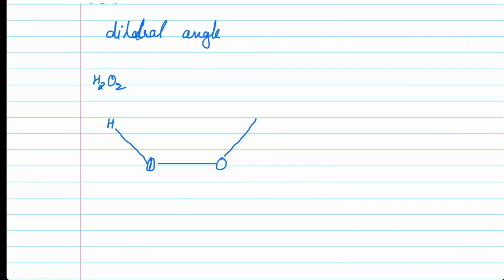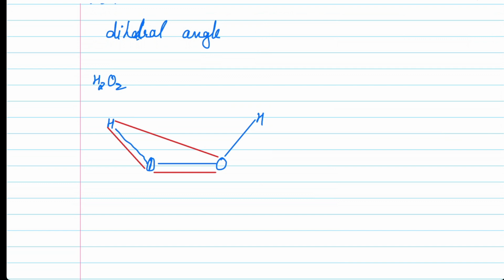Now, hydrogen peroxide actually doesn't exist mainly in this structure, but let's say we have one of the structures of hydrogen peroxide to be this. If we take the molecular plane, we can consider this hydrogen, this oxygen, the hydrogen and oxygen. This is going to define a molecular plane. So this is one molecular plane of hydrogen peroxide.